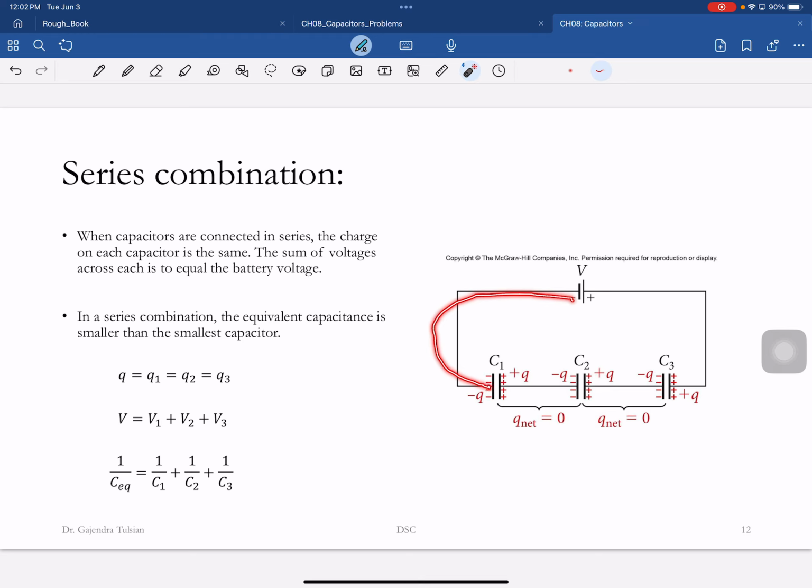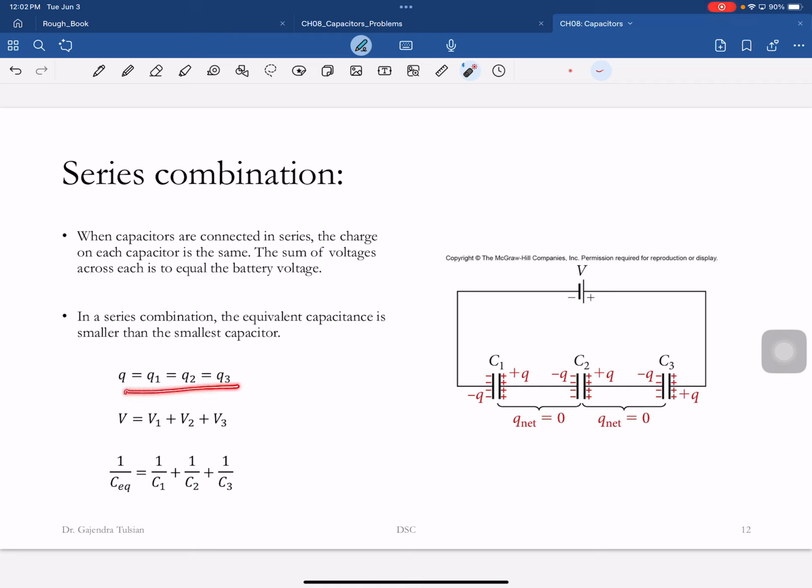Let's say 10 electrons flow from here to there, and then 10 protons will be on the opposite plate. They repel 10 electrons, so these 10 electrons move over here. These 10 electrons repel these, and 10 electrons move over here. So when you connect a bunch of capacitors in series, they all charge to the same amount. The charge on all of them is equal.